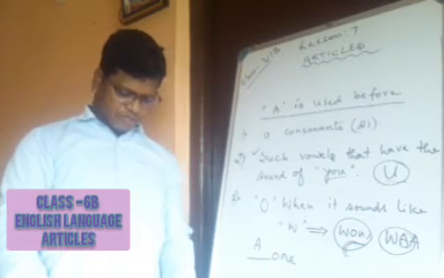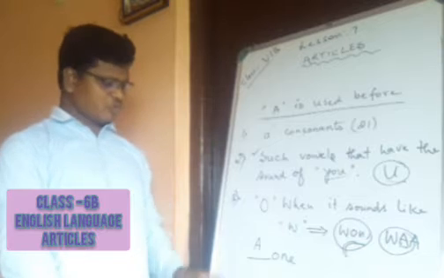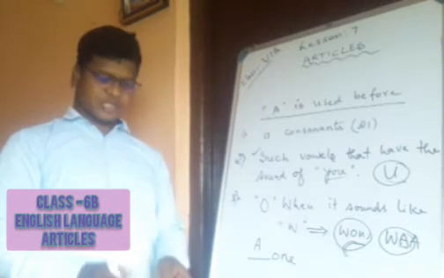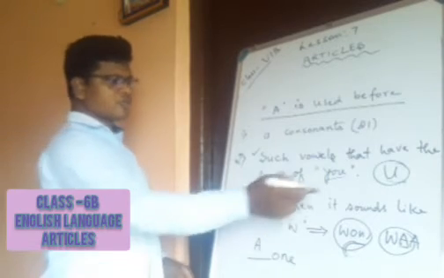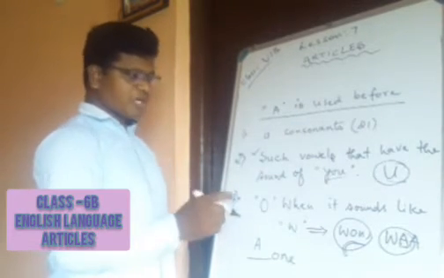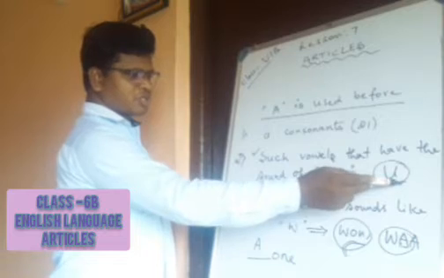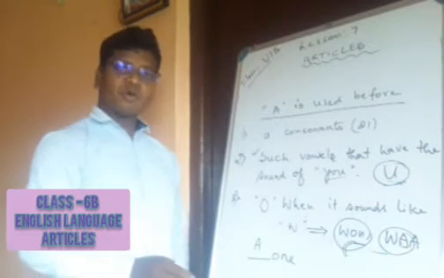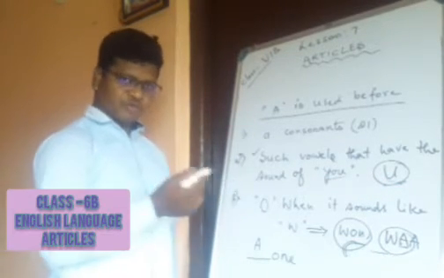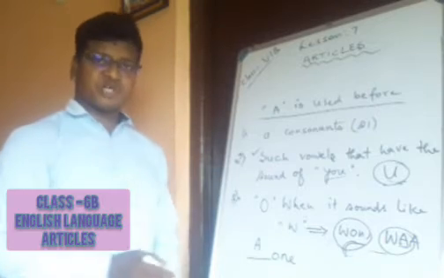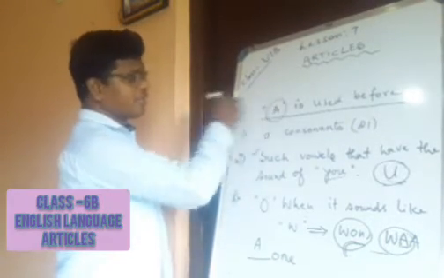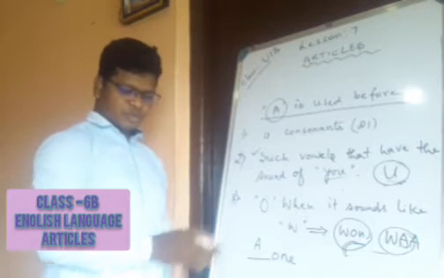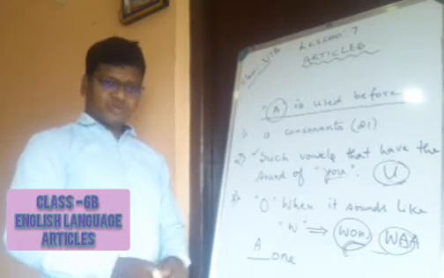If you come across these kinds of examples, then certainly you have to write this. So I have talked to you about two different kinds of pronunciation. The first is you and the second one is wa. If certain words are pronounced like you and wa, definitely you have to place A before it. This very thing you need to remember.